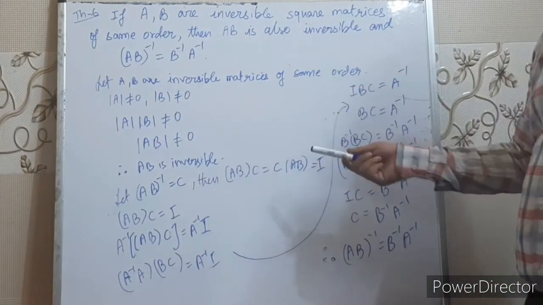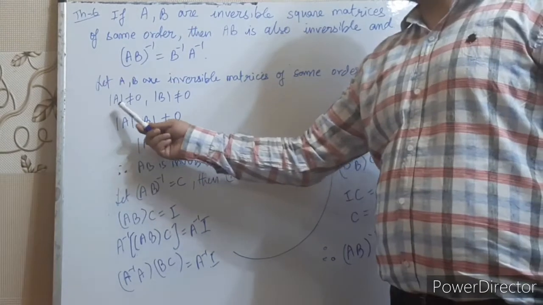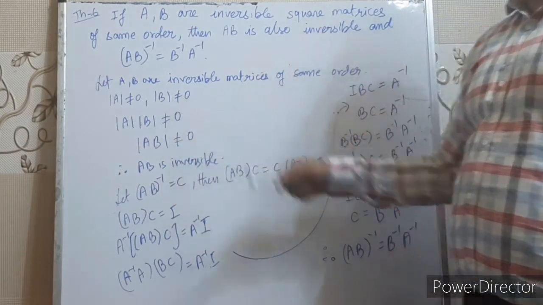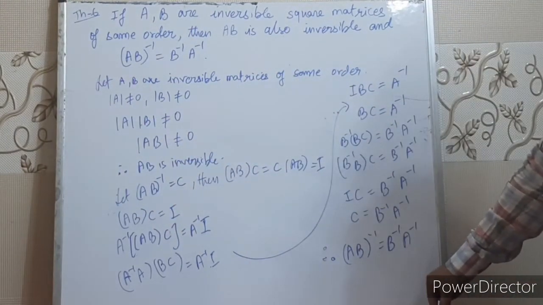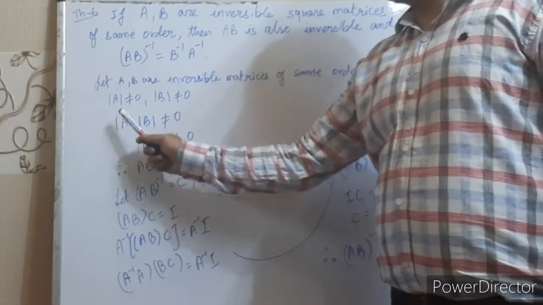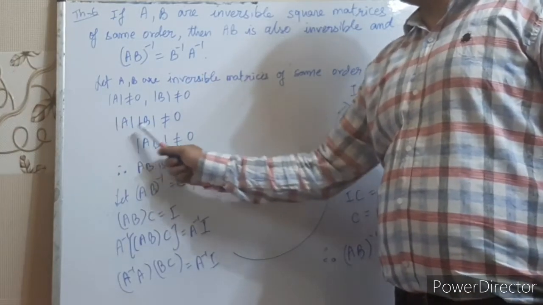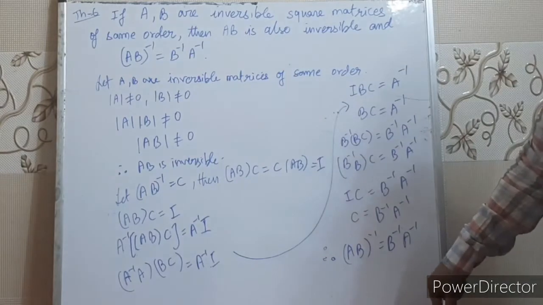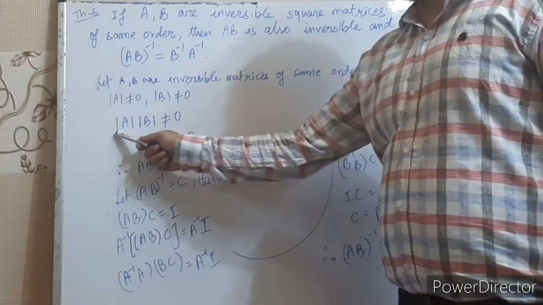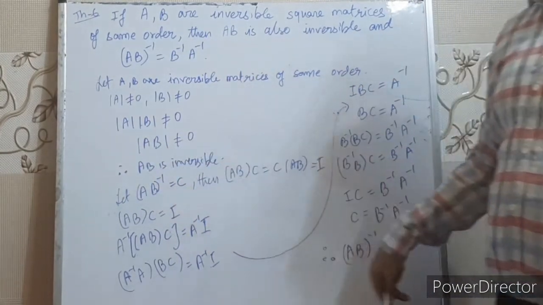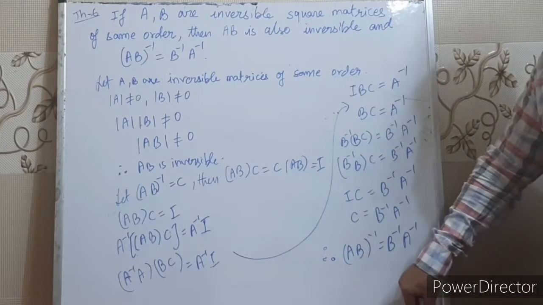If A and B are non-singular matrices, then determinant of A is not equal to 0 as well as determinant of B is also not equal to 0. If both determinants are not equal to 0, then the product of both determinants is also not equal to 0. And this can be written as determinant of A into determinant of B equals determinant of AB. We have studied this in properties of determinant.